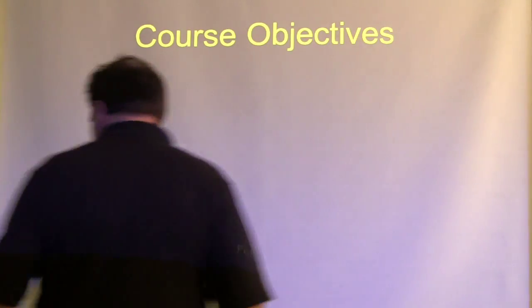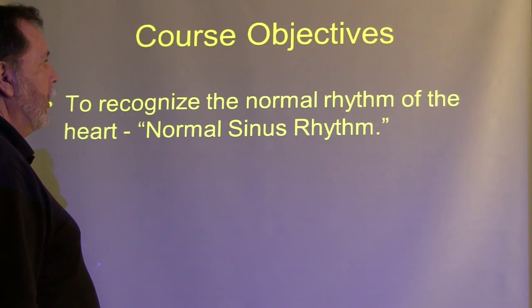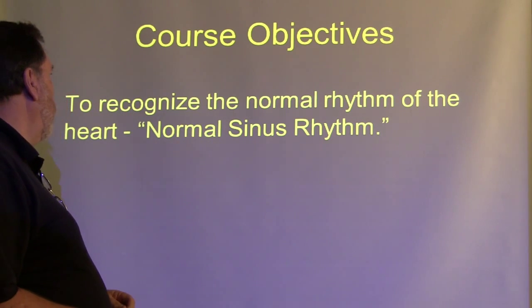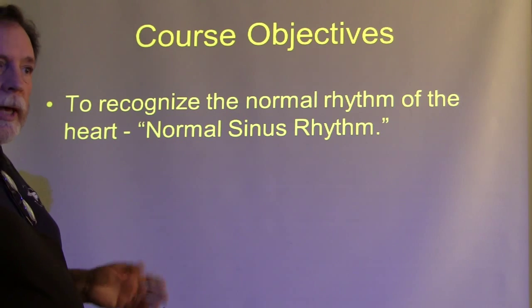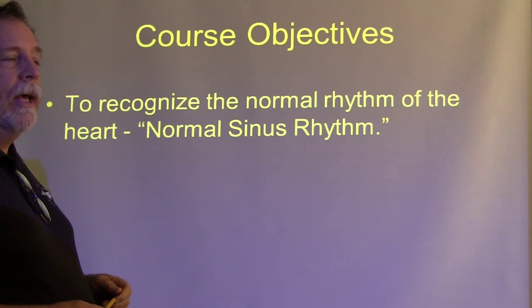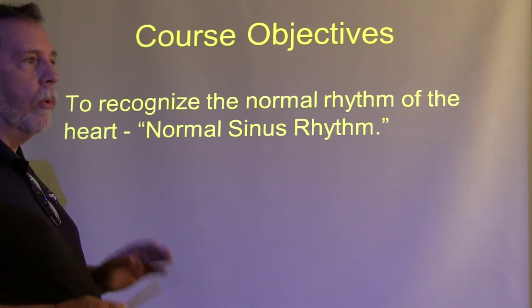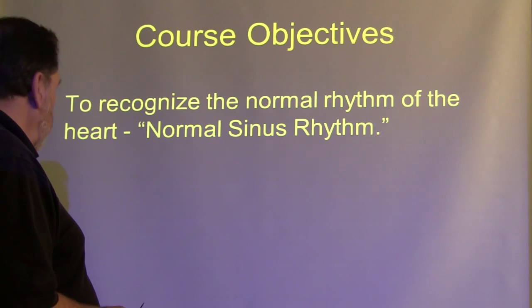First of all, some objectives for this class. We're going to recognize normal rhythm, also known as normal sinus rhythm. And by the way, I know you've heard that term normal sinus rhythm all your life. It's actually very descriptive, and it's very precise in what it means, so we're going to talk about that in just a little bit.